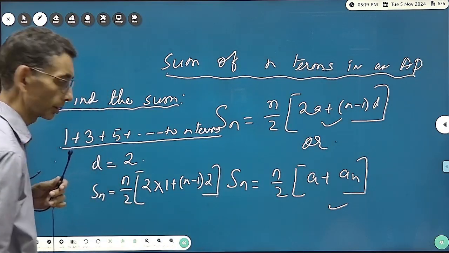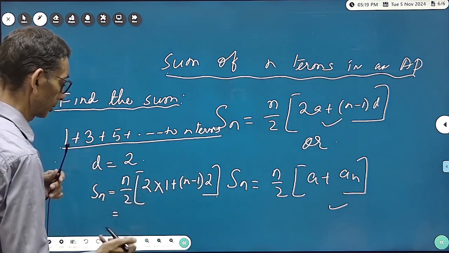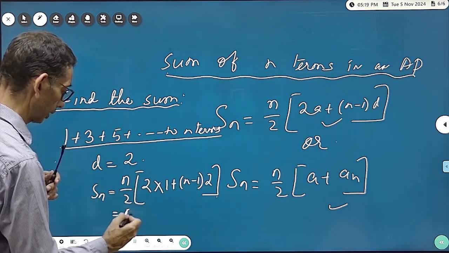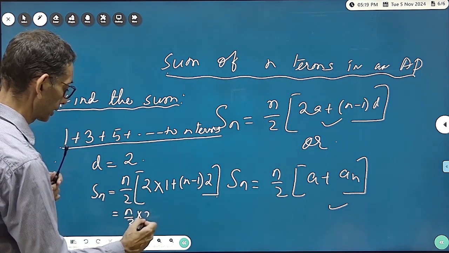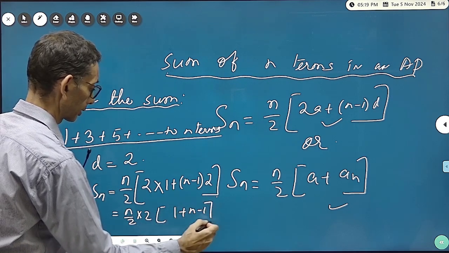Now this 2 and this 2 you can take common. What will it be? n by 2, the 2 goes outside and inside remains 1 plus n minus 1, right?